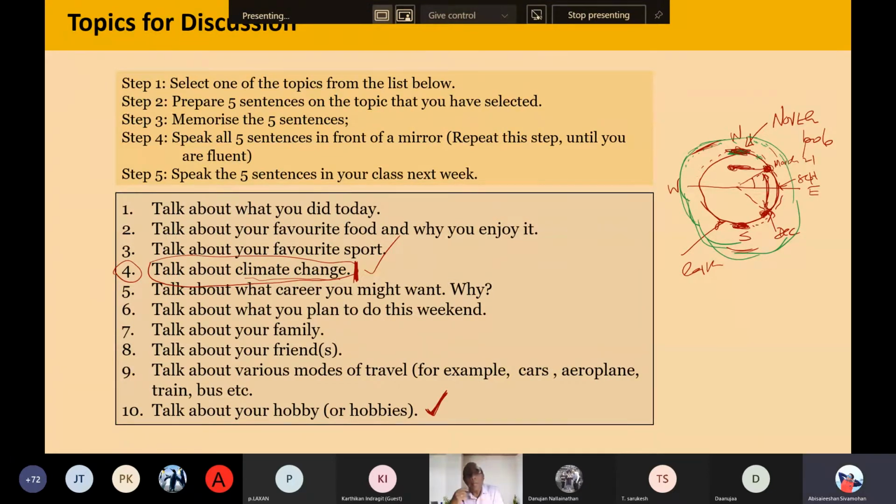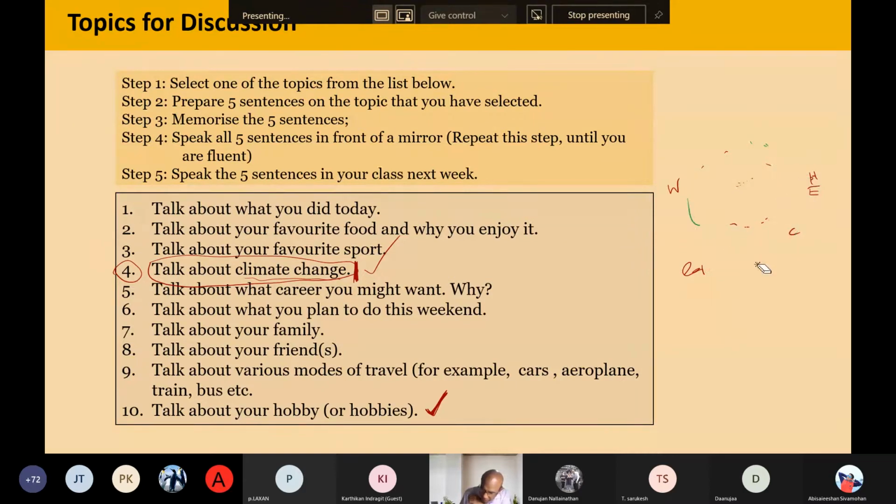Read through them, pick up sentences from there and put your mind together. These are just topics, and through this topic I'll be able to get you speaking. That's the idea behind it. Once you get interested in the topic, like you talked about hobby, then you want to look at it more, we'll look at that next time.